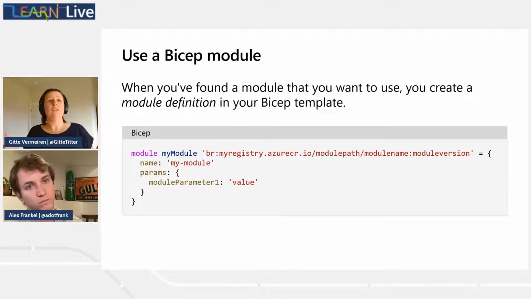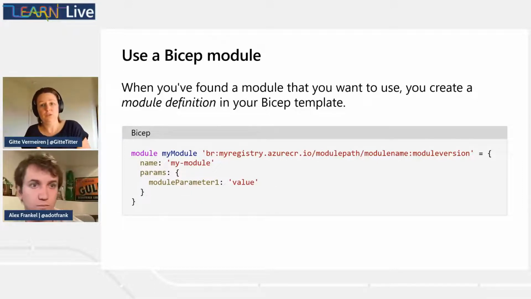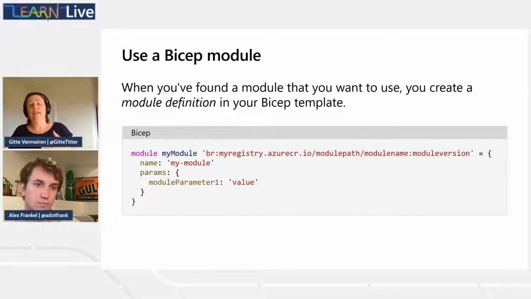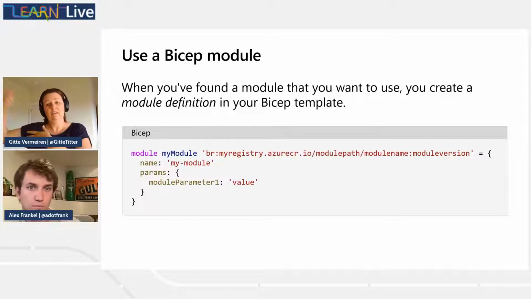The biggest difference is that instead of using the local path to the Bicep module, you're now using the registry path. And that's exactly the same thing that we've already shown you, which is that br: link that you also use to create the module in the registry. You're now using that same link to use that module within your own Bicep template.